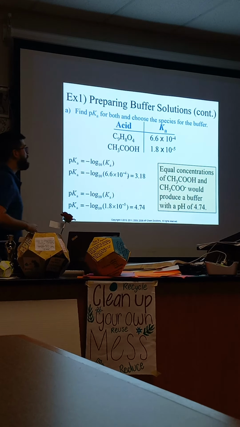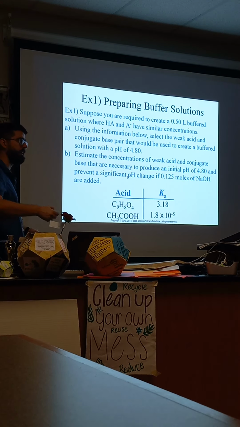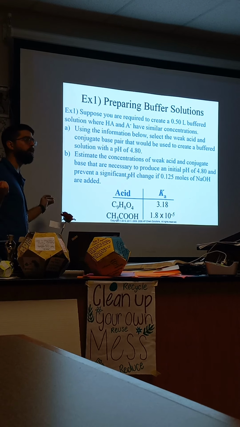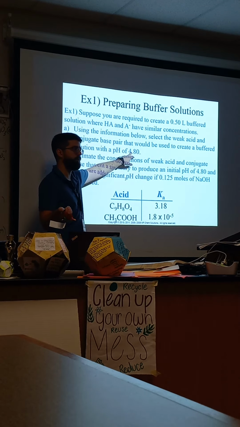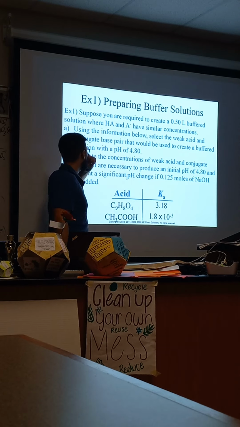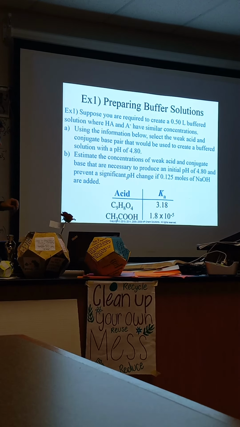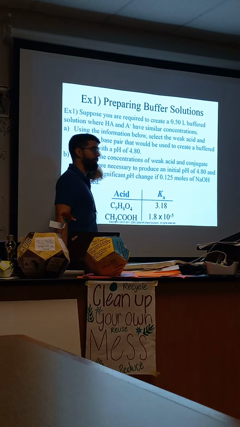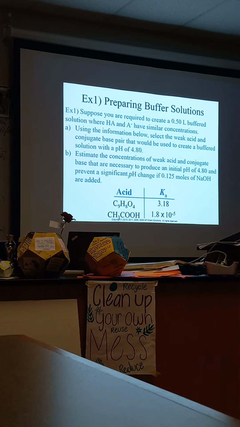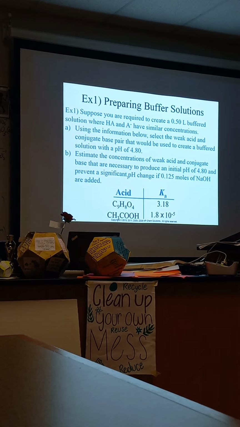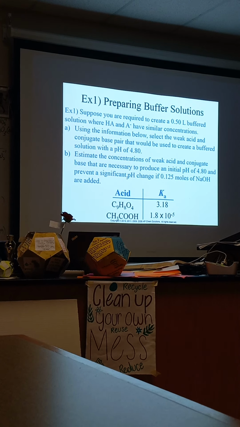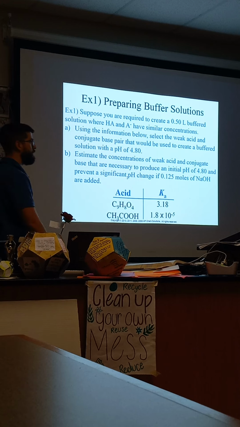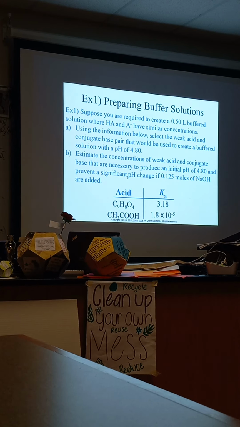Now, we can't just use 50-50 of these because 4.74 is still not exactly 4.8, but we can figure out the exact amounts of each to use to get us to 4.8. So question B says, estimate the concentrations of weak acid and conjugate base that are necessary to produce an initial pH of 4.8 and prevent a significant pH change if 0.125 moles of NaOH are added.